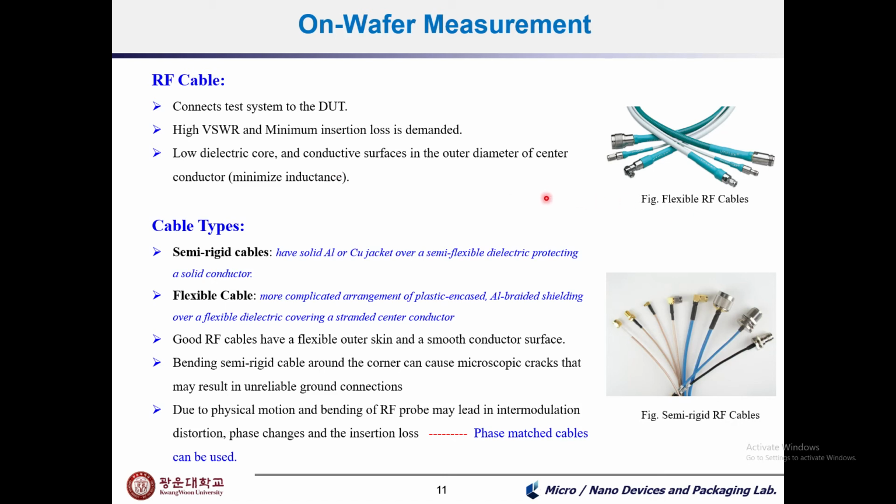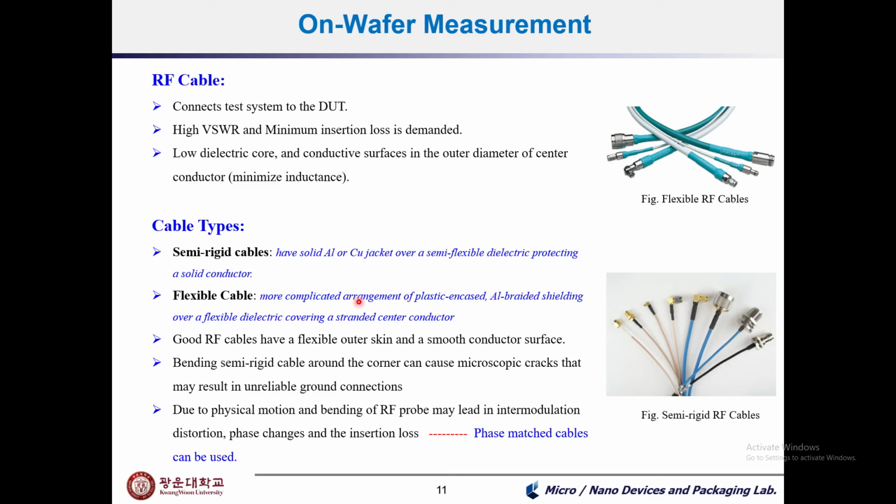For perfect connection and minimum loss, RF cables having a low voltage standing wave ratio and minimum insertion loss are demanded. Also minimum inductance is required. So to minimize the inductance, a low dielectric core and conductive surfaces on the outer diameter of the center conductors are used.